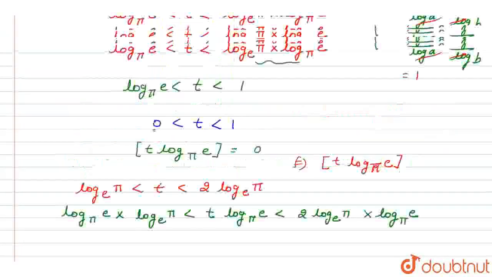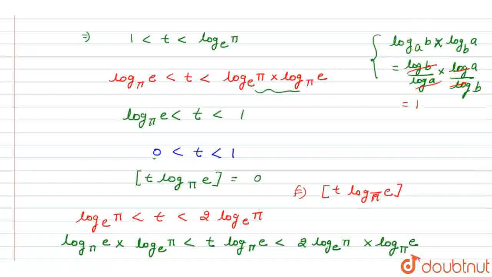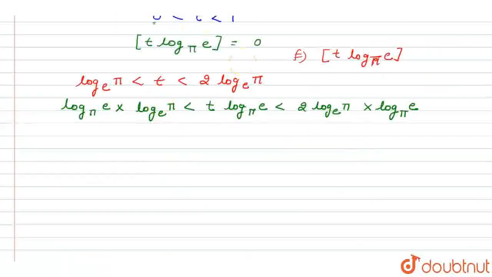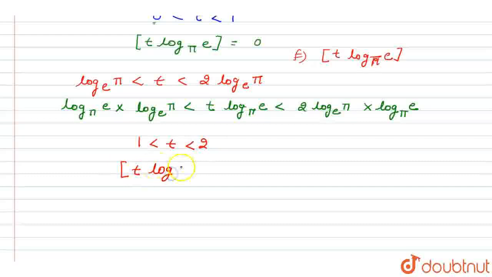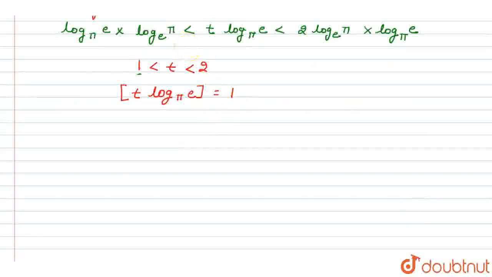Now using this formula, we know that both these values are equal to 1. So we get 1 greater than t, less than 2. So the greatest integer value of t log base pi of e is equal to 1, because in the greatest integer we select the lesser number, between 1 and 2, 1 is the smaller number. So the value of the greatest integer is equal to 1.